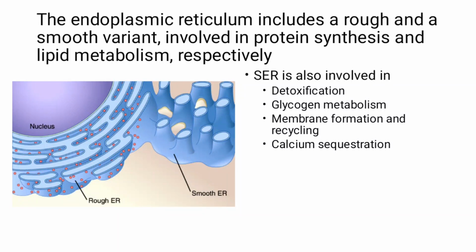Strand. And in the endoplasmic reticulum, the membranous sacs are connected to one another. And that's what distinguishes the endoplasmic reticulum from the Golgi apparatus. Both of them are made up of these flattened membranous sacs that are called cisternae.